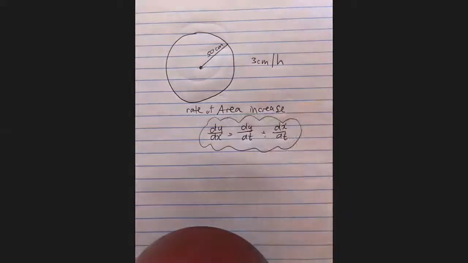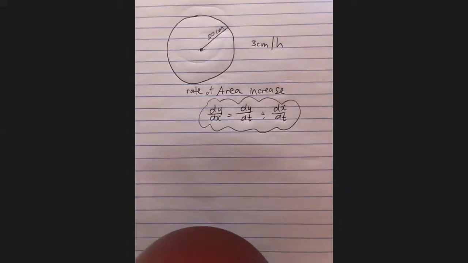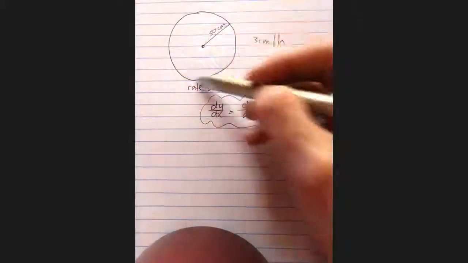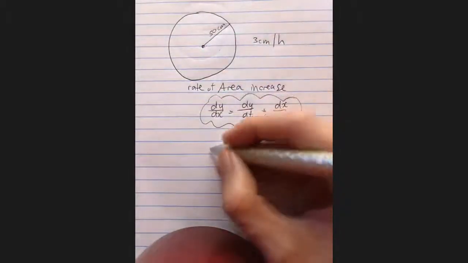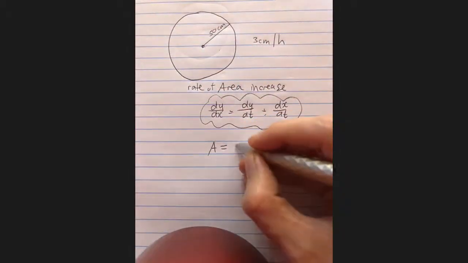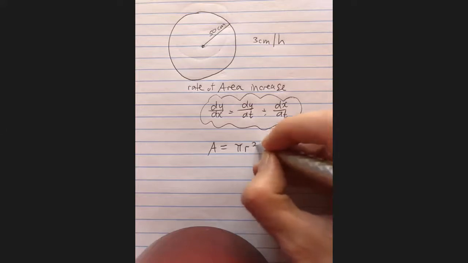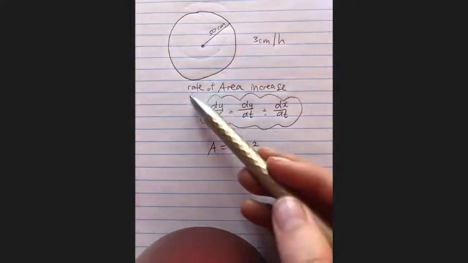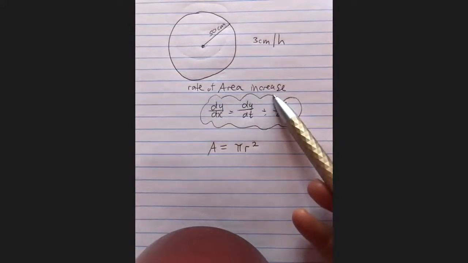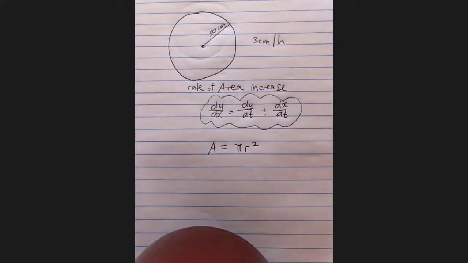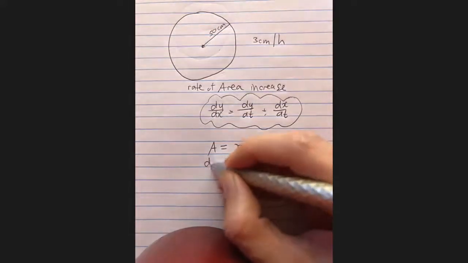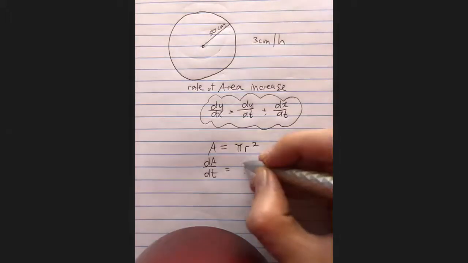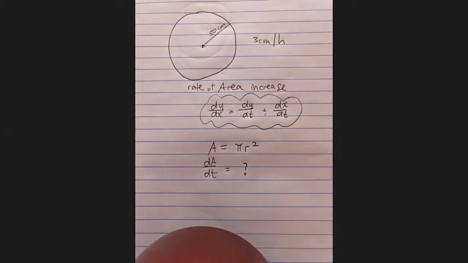Okay, so the chain rule helps, but I want to set up some formulas for you. If we're working with a circular patch, please look at this for a formula for area of a circle, pi r squared. Then if I ask you to find the rate of the area increase, obviously there needs to be some kind of dA dt, because I told you earlier, if you have rate, you want time.